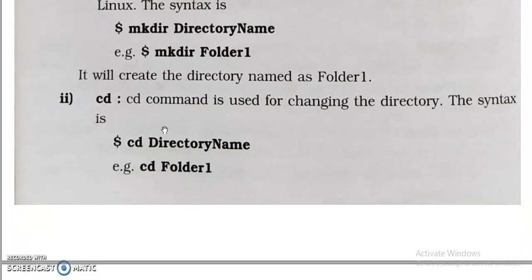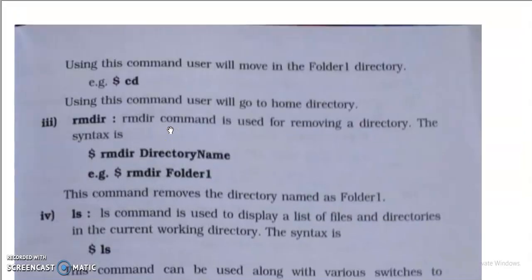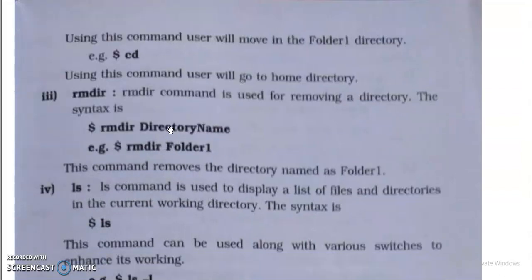Then to change the directory, there is cd followed by the folder name, where you can enter already created folders. So there are numerous commands, comparatively the same as the commands we were using in Windows.